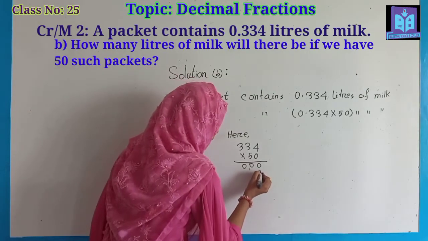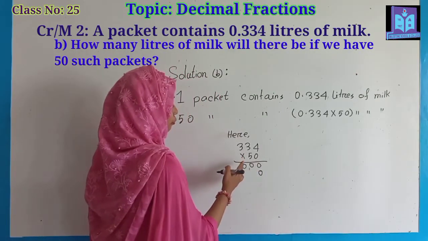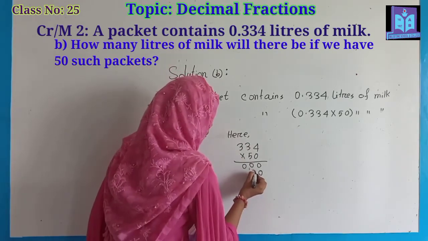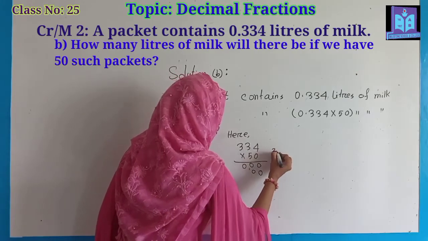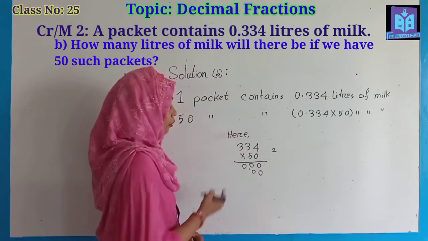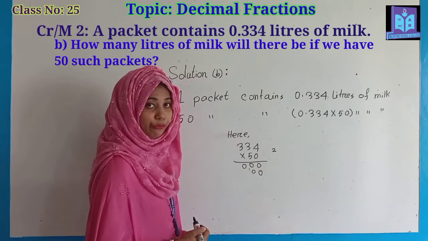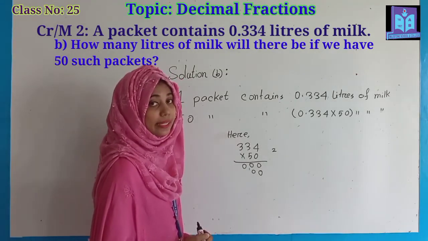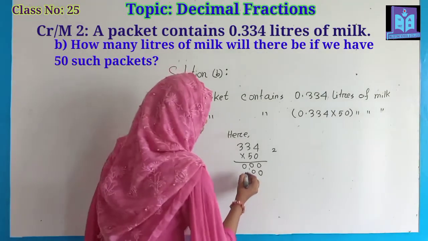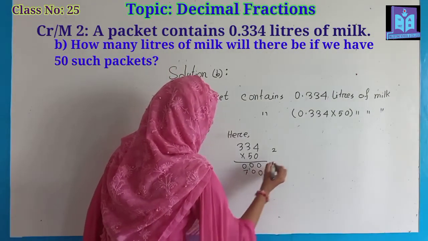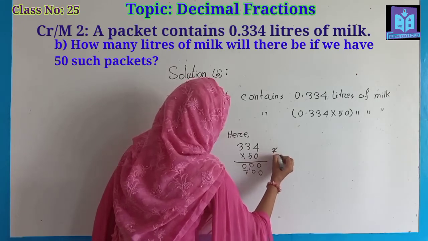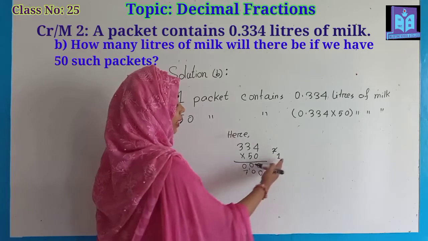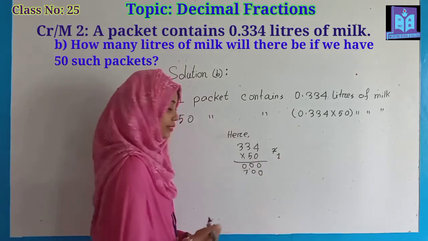That's why I am putting this 0. 5 fours are 20. I will write 0 and our carrying number is 2. 5 threes are 15. 15 plus 2. What is the sum? Yes, 17. I will write 7 and our carrying number is 1. 5 threes are 15. 15 plus 1. It means 16.